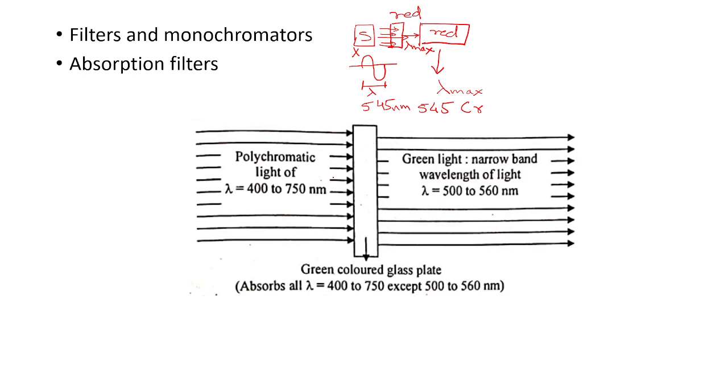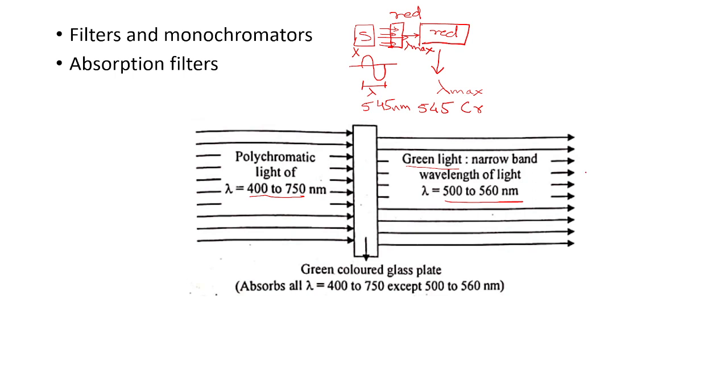The source is producing polychromatic light, radiations of wavelength 400 to 750 nanometer. Only the green light with a narrow band of 500 to 560 nanometer is transmitted further, whereas the remaining light is blocked here only.